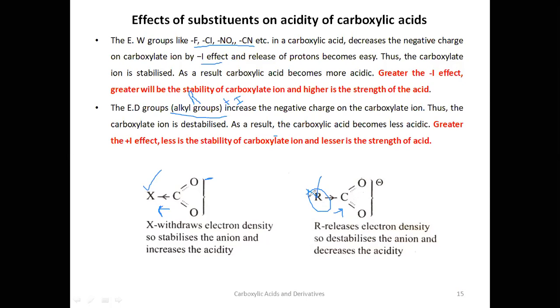So whenever groups like alkyl groups are there, the acidity will decrease. Whenever electron withdrawing groups are there, by pulling electrons they stabilize the negative charge, and therefore the acidity increases. You have to remember, electron withdrawing groups increase the acidity, and alkyl groups, which are electron releasing, decrease the acidity.